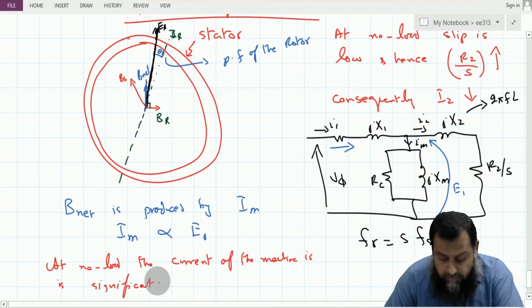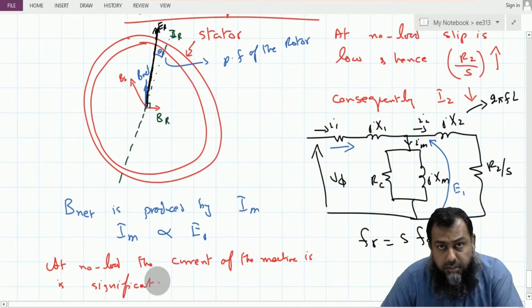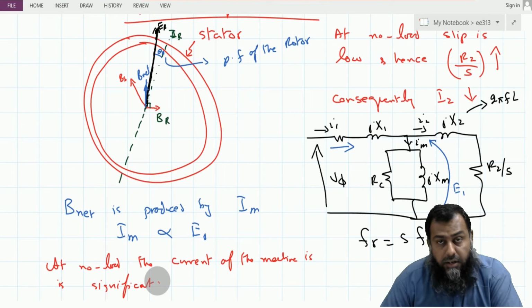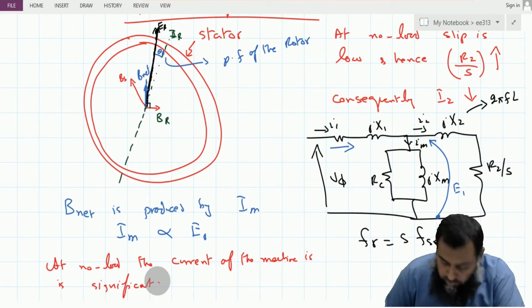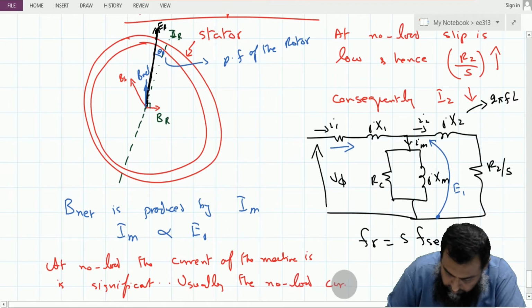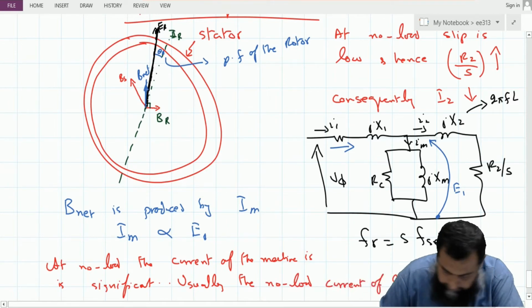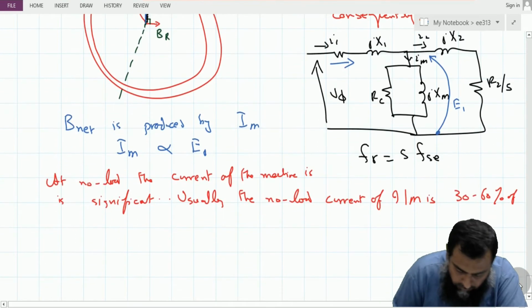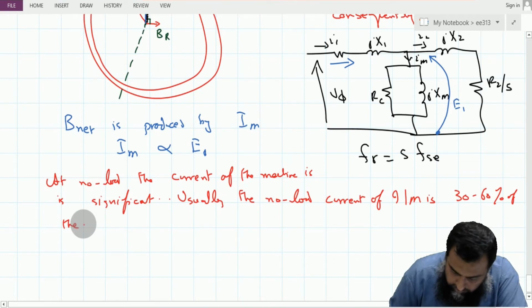And this is the reason that induction motors have a very large no load current compared to the other types of machines that we have studied. So usually the no load current of an induction motor is 30 to 60% of the full load current.